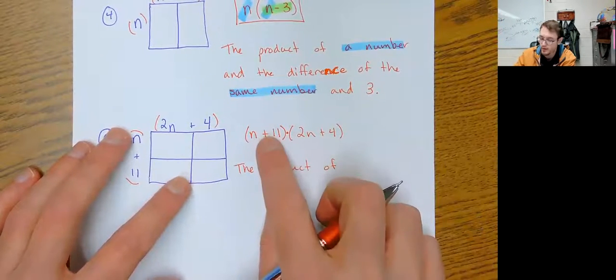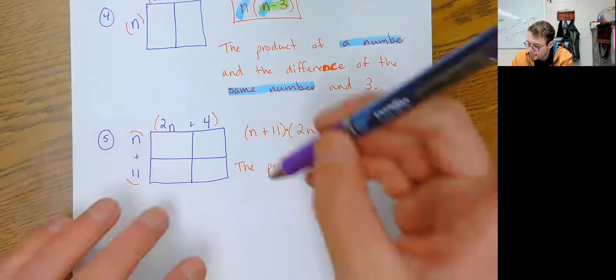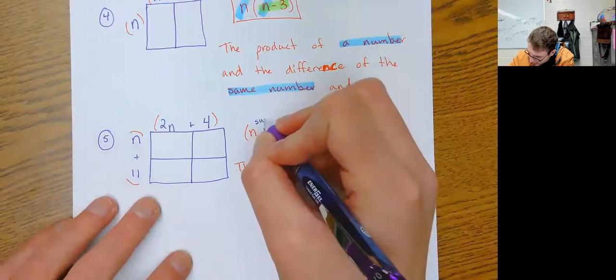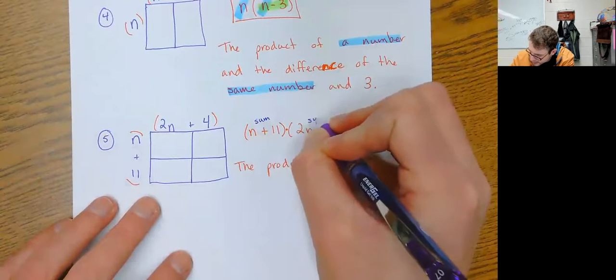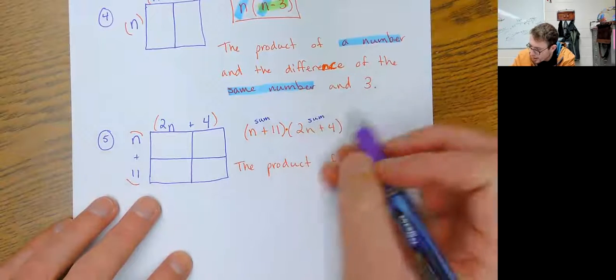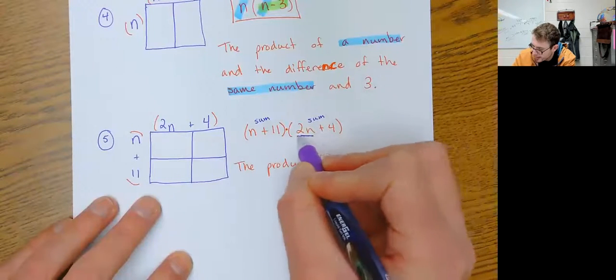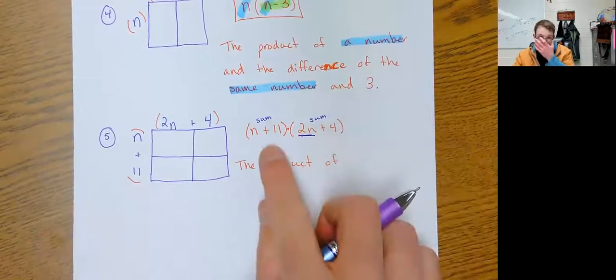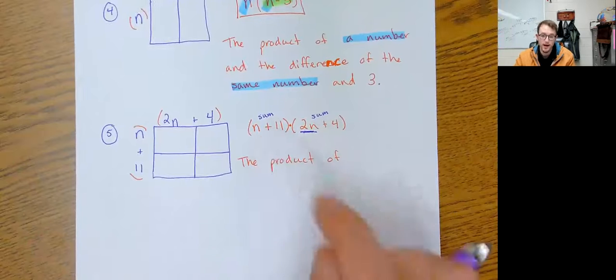Well, this over here is a sum. And so is this. This is a sum. The problem is within this sum we have something else special. But for now, this one we can write out.